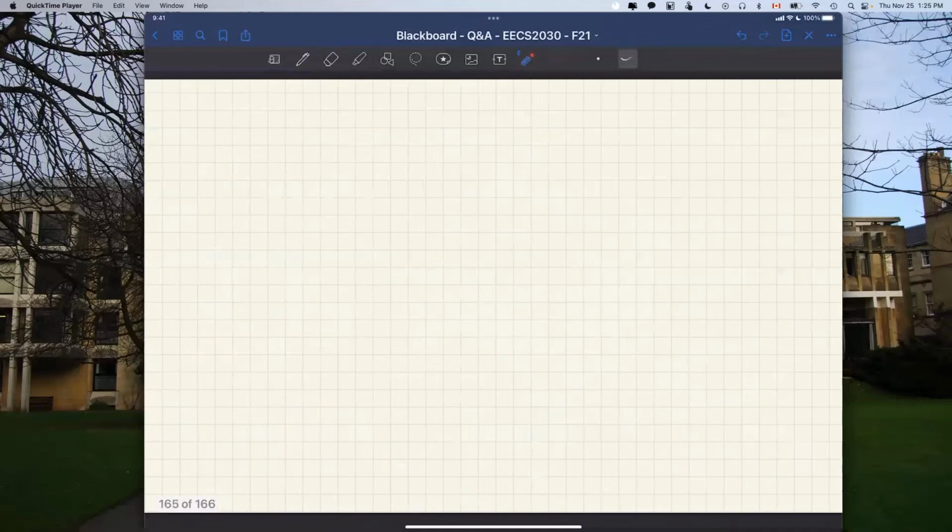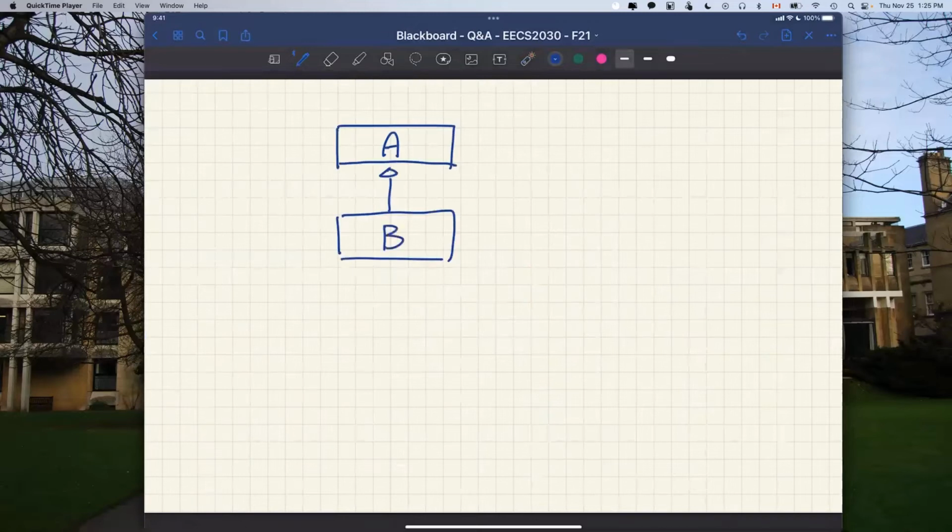Let's take a look. Let's make a slightly more concrete example, but I'll still make it symbolic. Let's say A, let's say B here, and also C here.